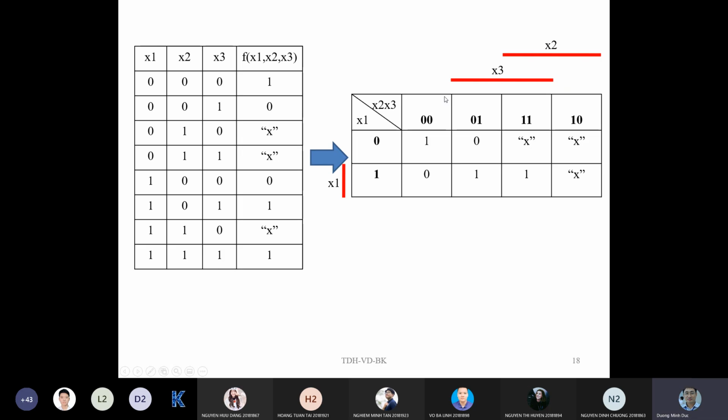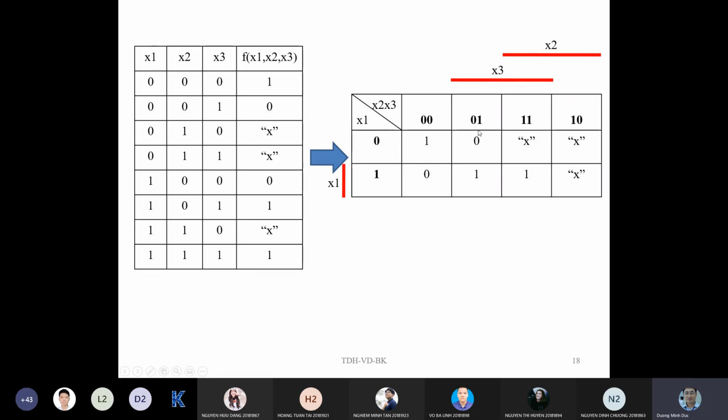Okay, for example, this column is 0, 0. Then the next column differs by only one bit from the first column. So it can only be 0, 1 or 1, 0. So here we choose 0, 1. So the first column is 0, 0.